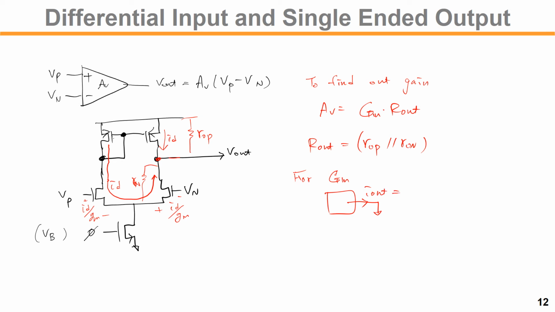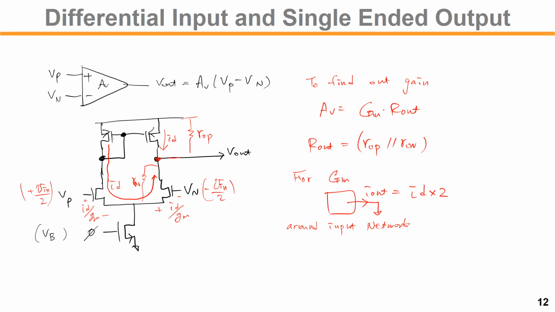That would be ID times 2, so 2x ID will come out, right? So around the input network, it would be easier to specify the input as Vi over 2 on one side, plus Vi over 2, and the other side minus Vin over 2.